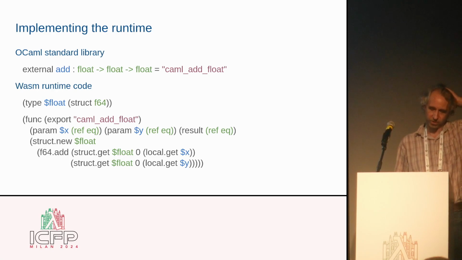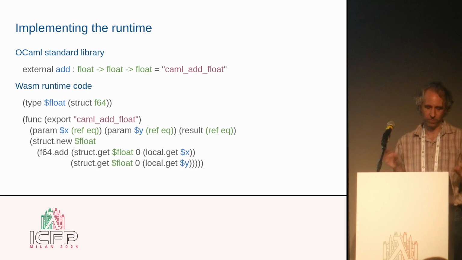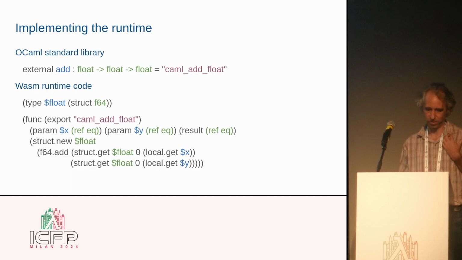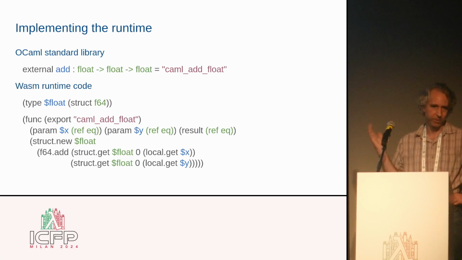To implement the runtime, I need to provide an implementation for each primitive used in the OCaml standard library. The example here is for float addition. For each primitive, I need to define a WASM function.